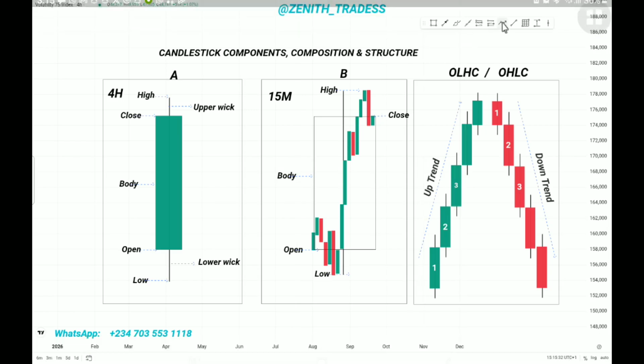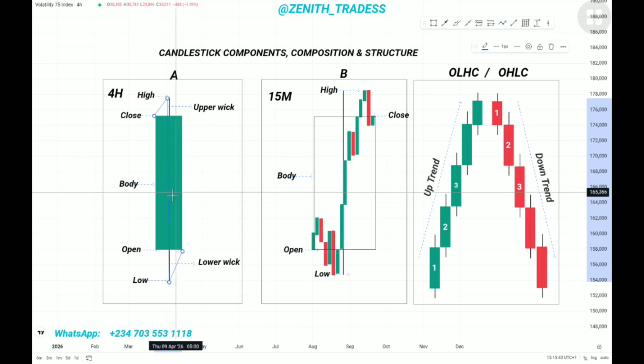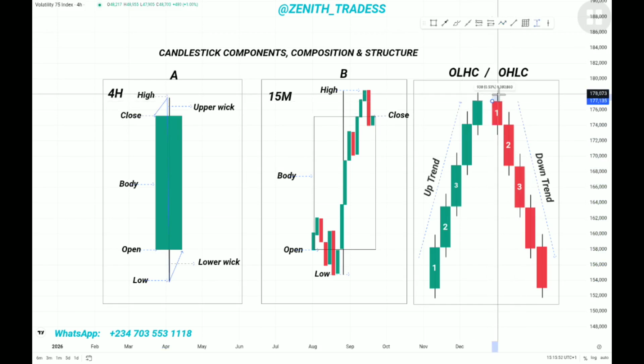So in the case of a bearish candle, we will have open, high, low, close. That is the structure of a bearish candle, and the representation will be red, just the way we see it here. We can see bearish candles: open, high, low, close. See it? It opens here, high, low, close.